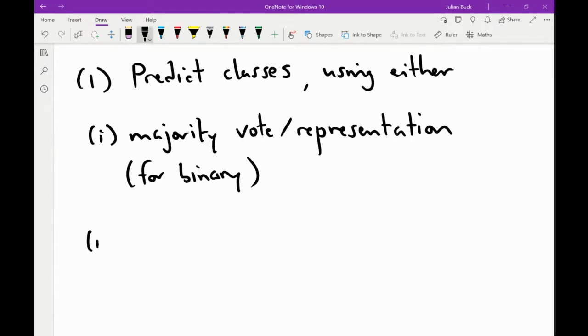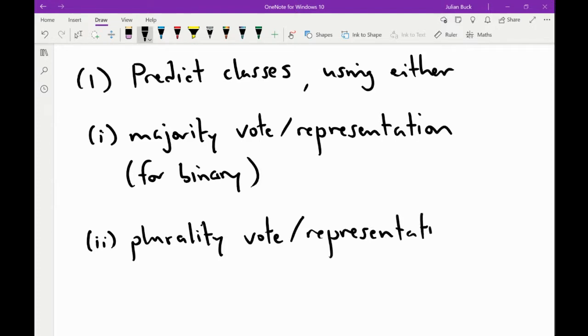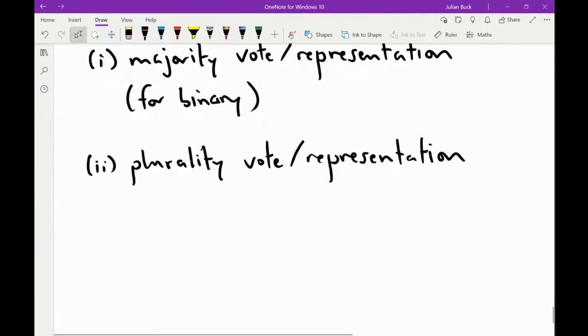There's only plurality. So when we say plurality vote, even if one of them is not a majority, we simply take the one that has the most. So if we end up at the bottom in a node and there's more 9s there than any other digit, maybe only 20% of them are 9s, but nothing else is better than 20%, that's what we would predict: 9.